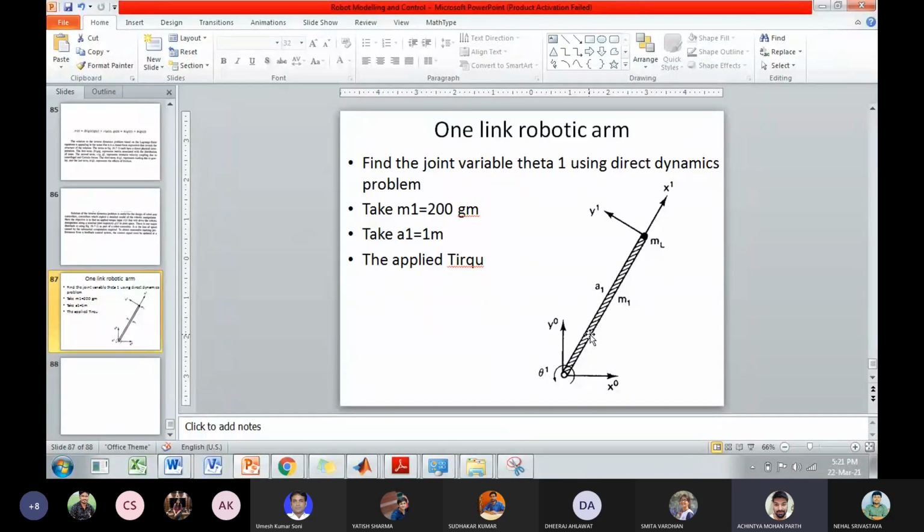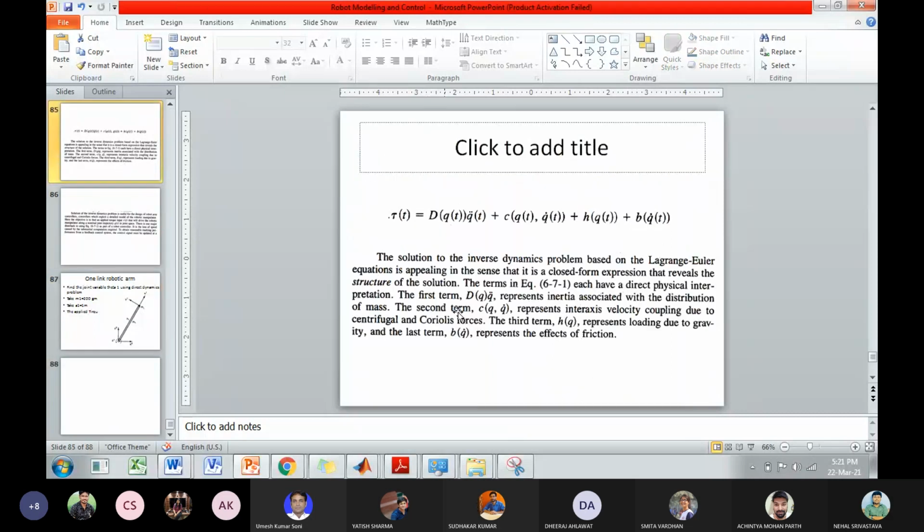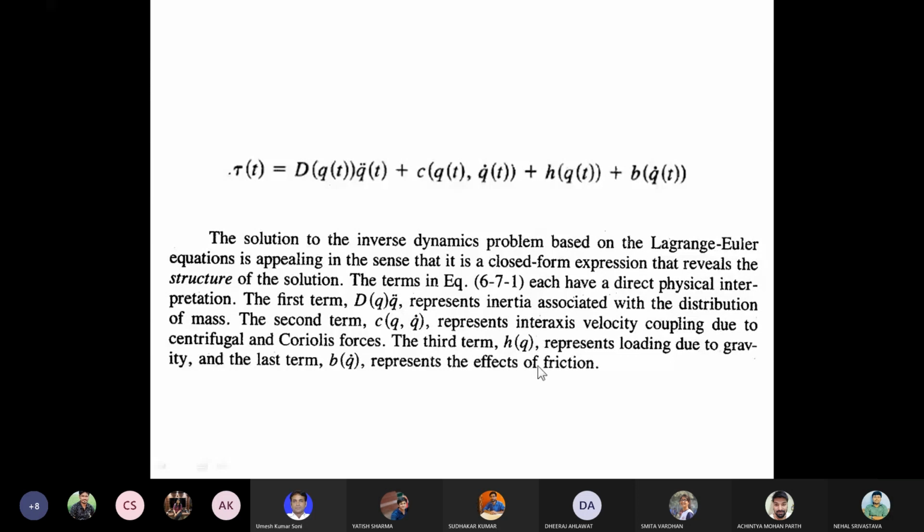Okay, so this is the problem. Here you see that Dq double dot represents the inertia associated with the distribution of mass. Cq dot represents the centrifugal and Coriolis force. The third term Hq represents the loading due to gravity, and the last term represents the effect of friction.